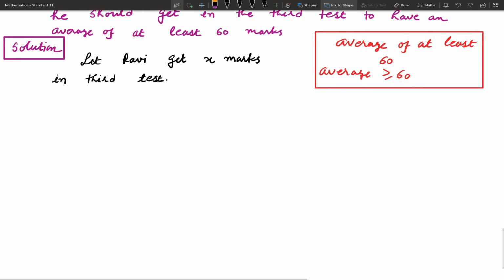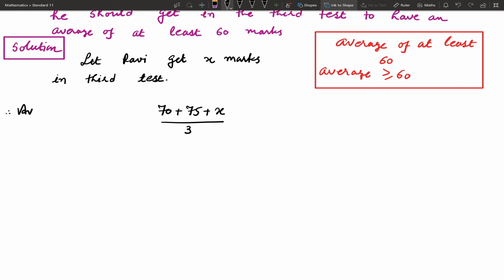So the average obtained by Ravi: there are three tests. In the first test the mark is 70, second test 75, third we suppose X. So for these three tests the average will be 70 in the first, 75 in the second, X in the third, and to get the average of these three we have to divide by 3.